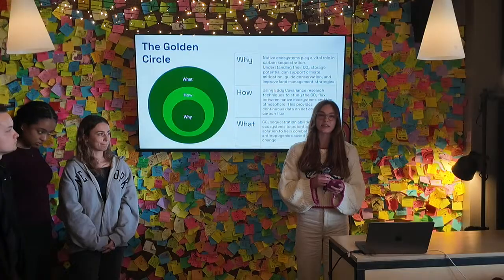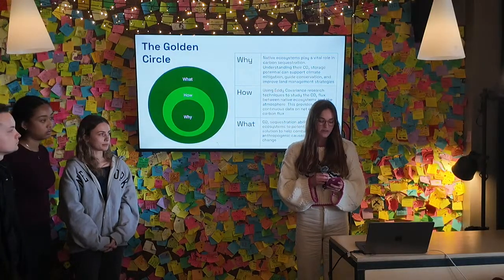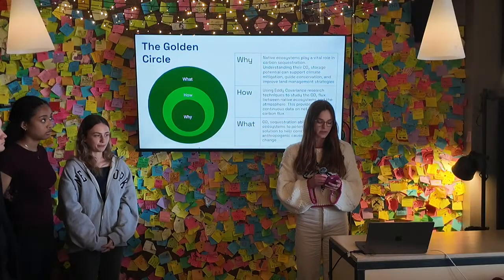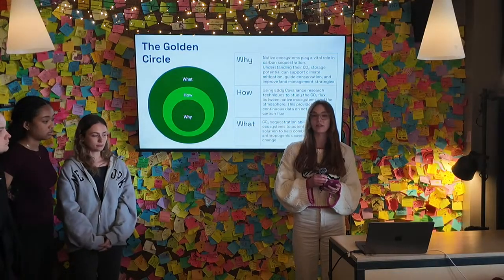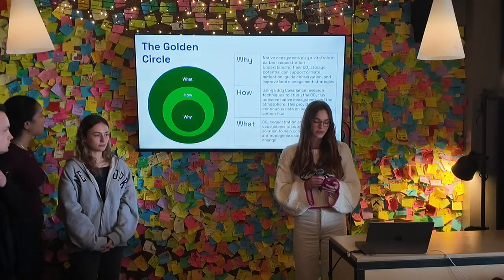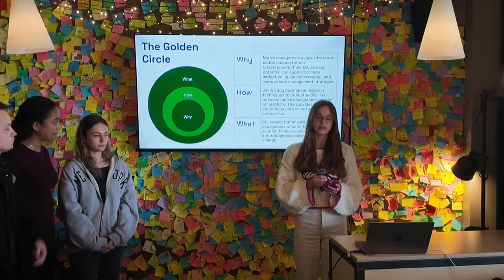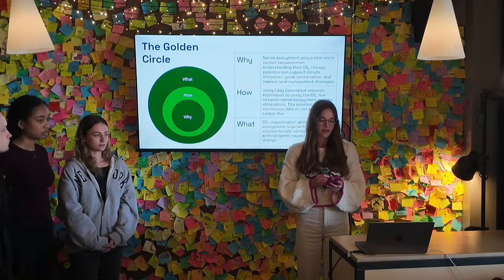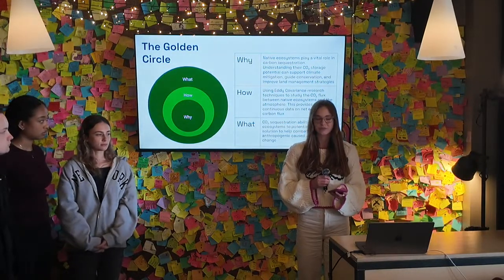This provides continuous data on net ecosystem carbon flux, allowing us to assess the real-time carbon sequestration capacity of the site under natural conditions. And lastly, what? CO2 sequestration abilities of native ecosystems to potentially be a major solution to help combat anthropogenic-caused climate change.